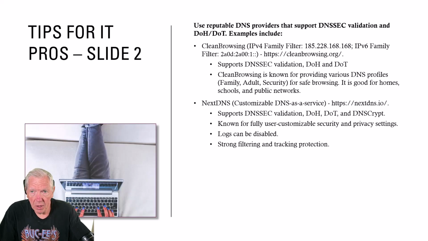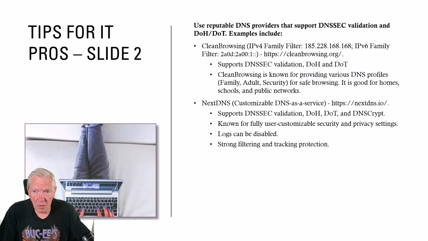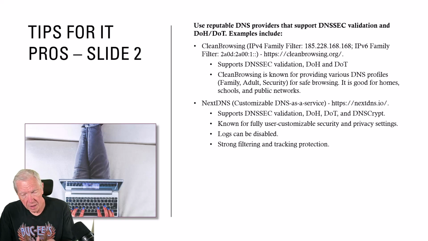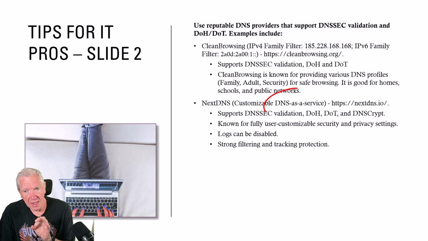Now another thing I would do is use DNS providers that support DNSSEC. So this would be something like CleanBrowsing. You can use this on your home side. It provides DNSSEC as well as DOH and DOT. CleanBrowsing also provides a family filter for you. And then there's one called NextDNS. This is DNS as a service.